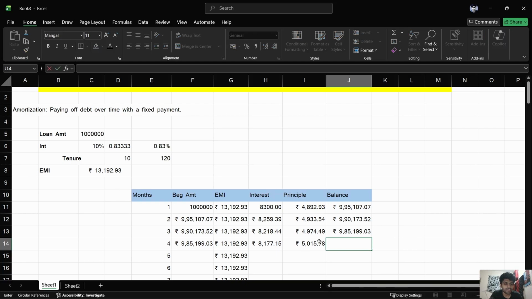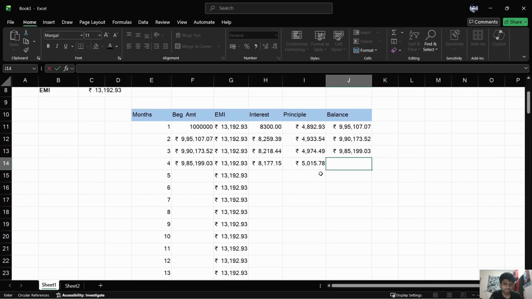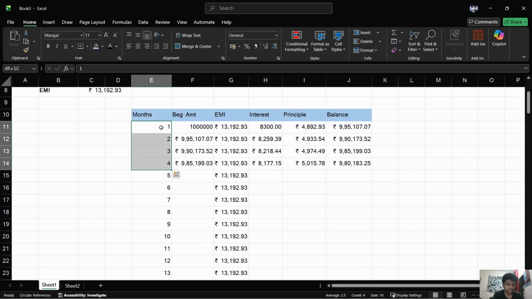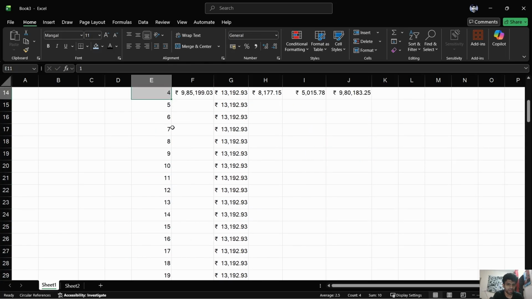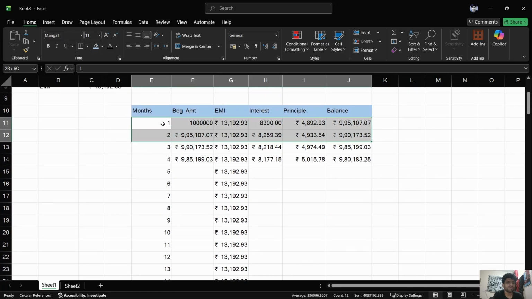So here, as we go towards the 120th month, the principal values would be increasing and the interest values would be decreasing. Now the beginning amount minus principal, we get this. So what we can do now is drag it down.